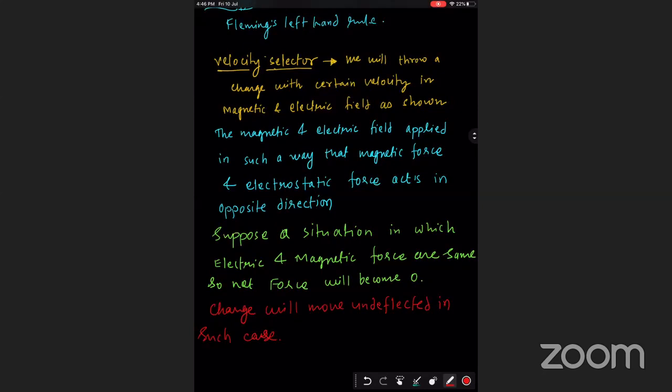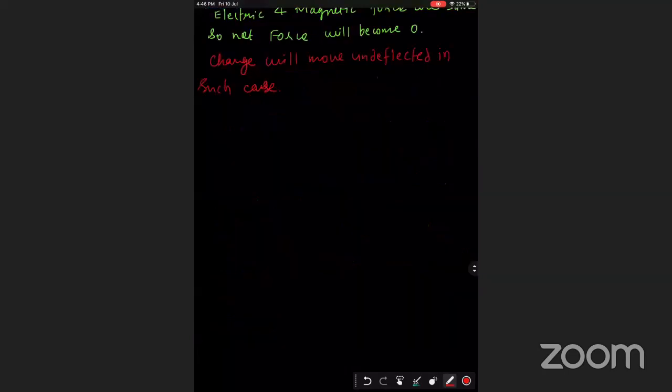Now you want to see how the velocity selector looks. Let's make its diagram. The name of the topic is velocity selector. Suppose this is a certain region.